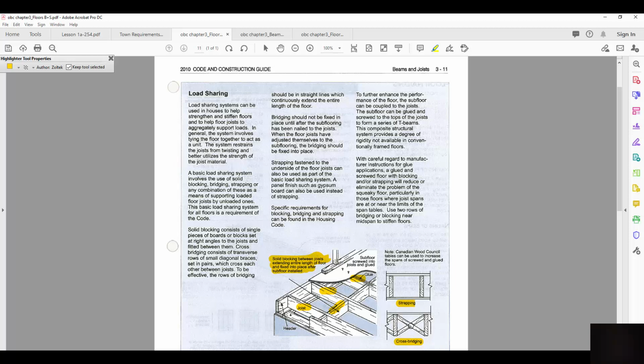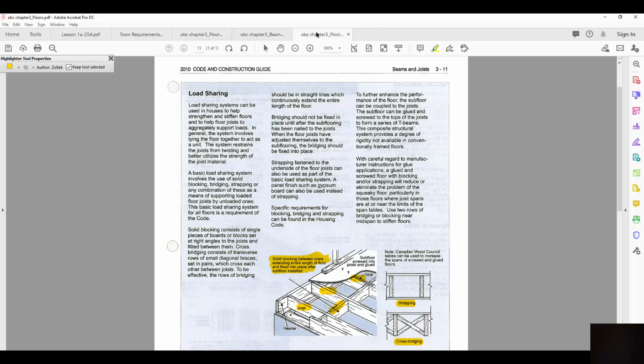Cross bridging in some cases may be more expensive, but in other cases it's cheaper. It all depends on the labor. There's far less labor involved; it's easier to put in blocking than strapping, and that's what the considerations are. So remember, cross bridging, blocking, and strapping are 3 different ways of framing the floor joists to make them stronger.